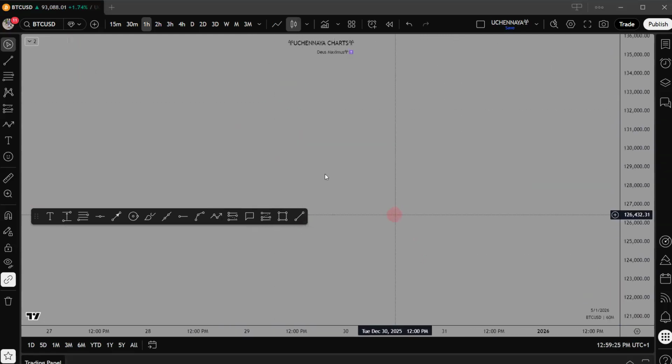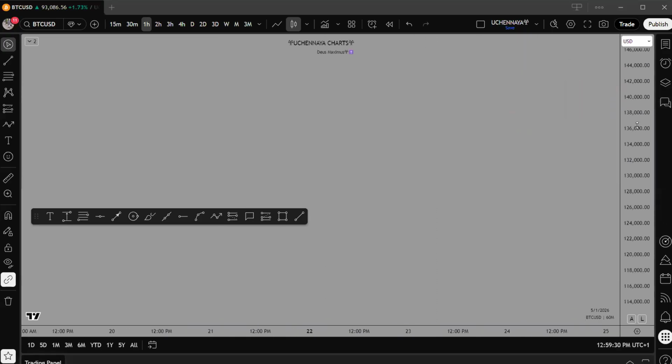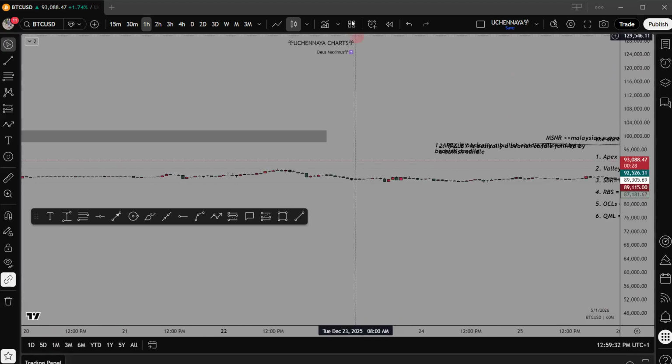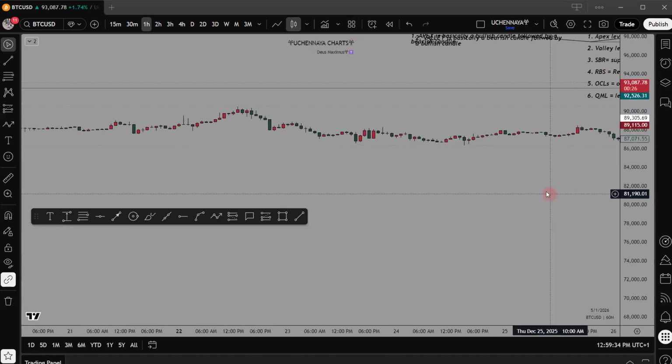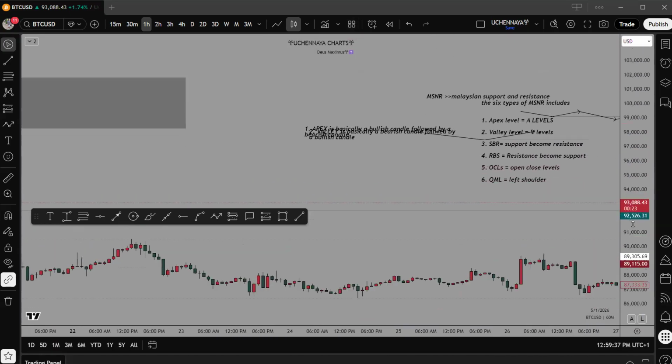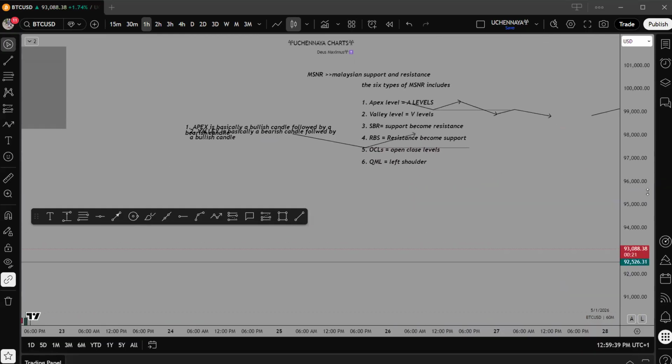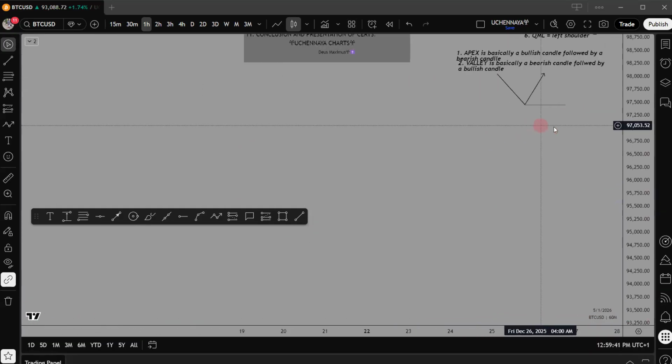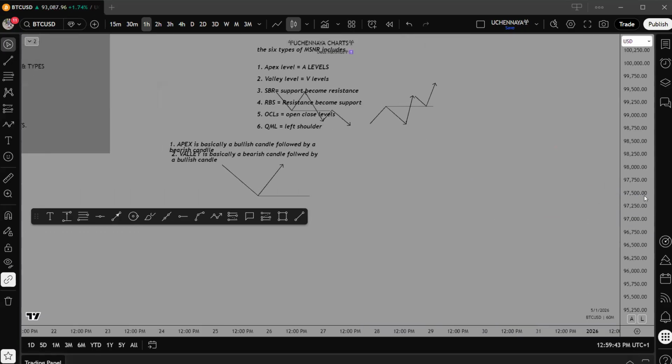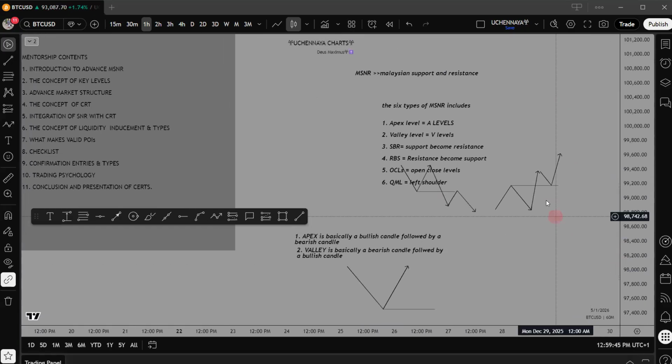So next on our list is OCLs. Now, OCL is just basically two candlesticks of the same direction.